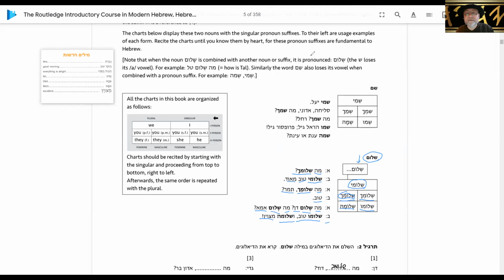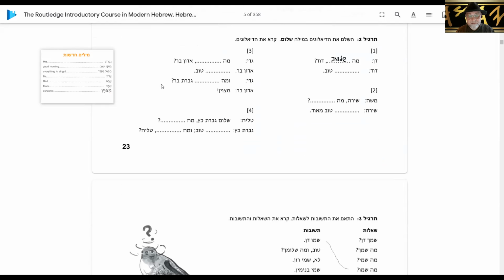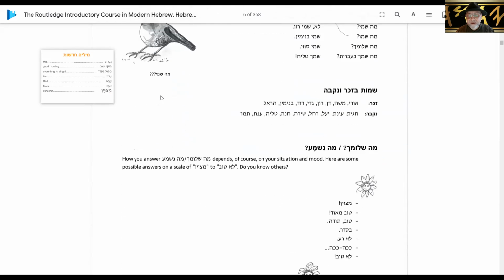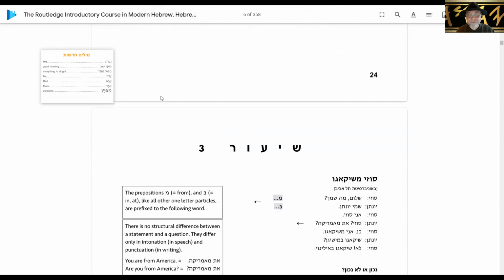All right, let's see here. We'll move on down to some exercises. Let's see what else we've got with all this here. We got a little longer section here.